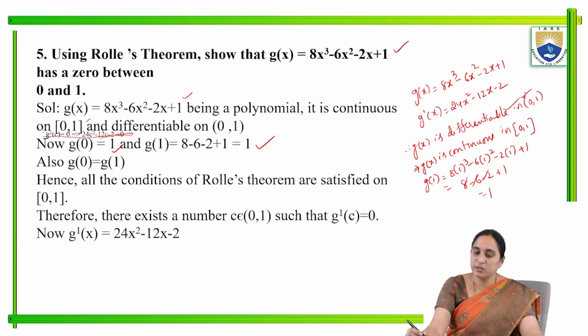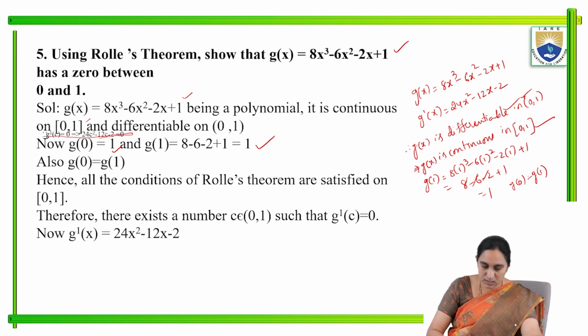One is differentiable, another is continuous, and another property is g of 0 is equal to g of 1. If the three conditions are satisfied, there exists a number c belonging to 0 comma 1 such that g dash of c is equal to 0.